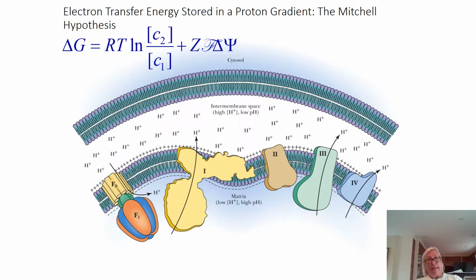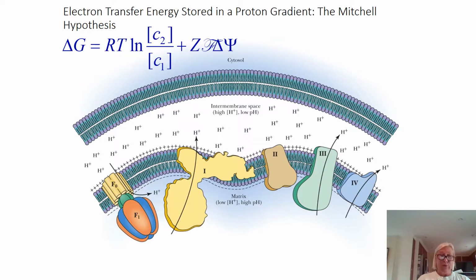So what we're looking at here is a depiction of that hydrogen ion gradient that drives ATP synthesis. A British biochemist by the name of Mitchell proposed this theory, or what has become known as a theory. You may have heard it called chemiosmosis, but basically what this is is an electrochemical gradient.